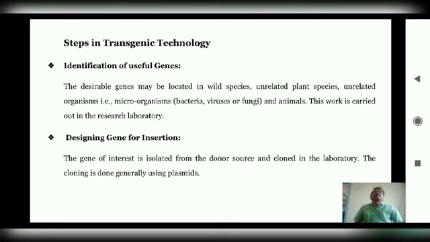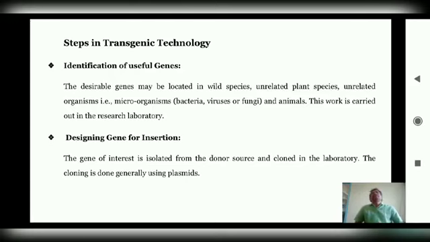Now, what are the steps in this transgenic technology? How to start with, how to go about? So we have to identify the useful gene. It's also called as GOI, gene of interest.